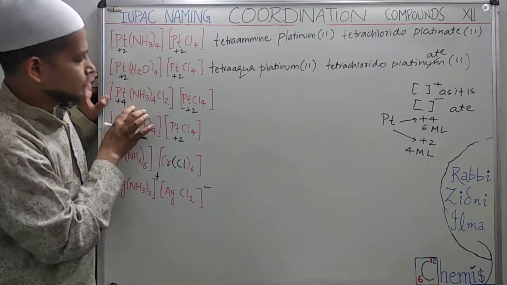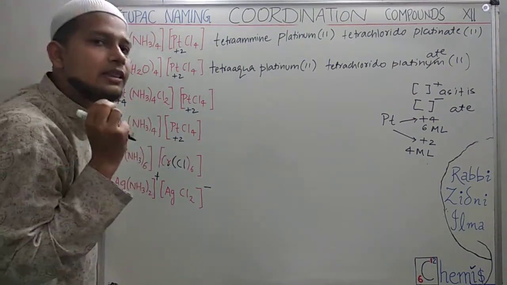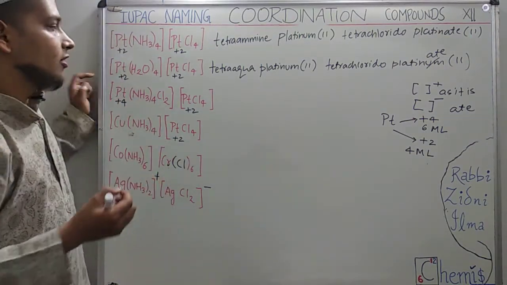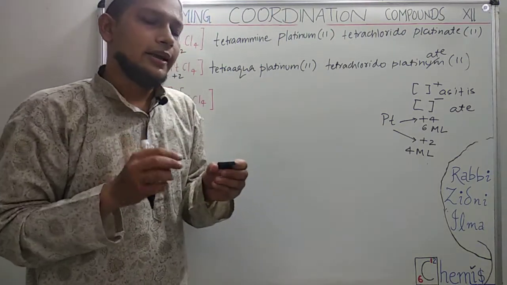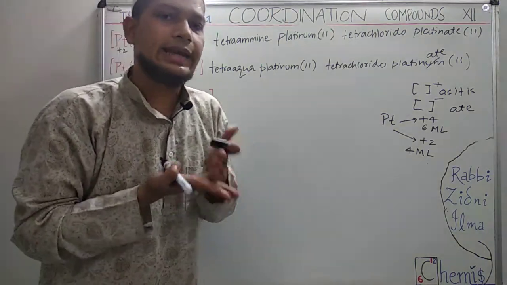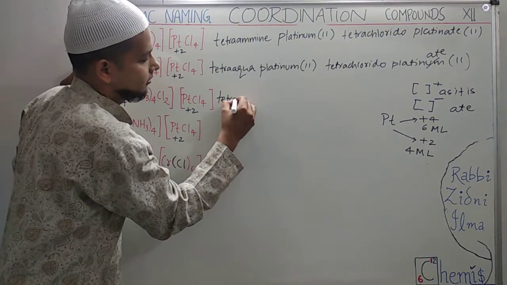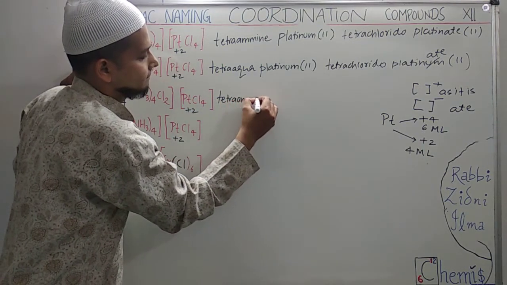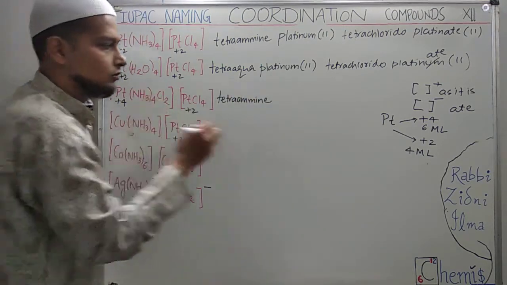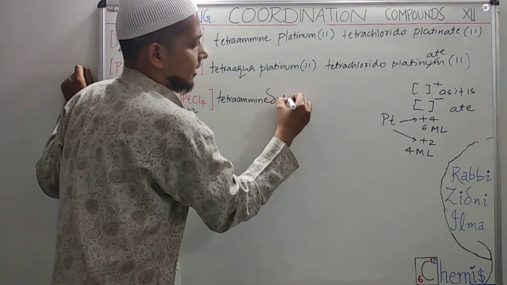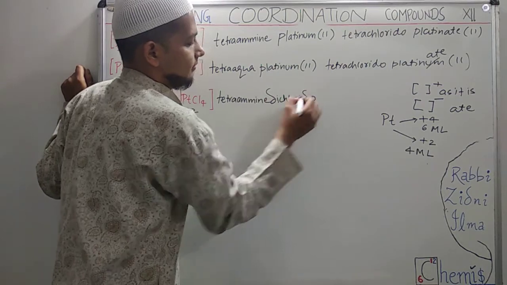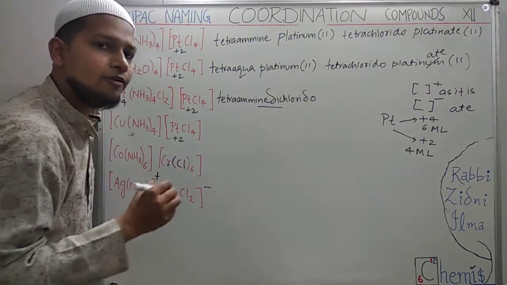Now moving on to this one, we have 2 different ligands. We will name them in alphabetical order without pressing our space bar in between naming ligands. So tetraamine, dichlorido, 2 chlorines, dichlorido, and look carefully, no spacing in the naming of ligands.